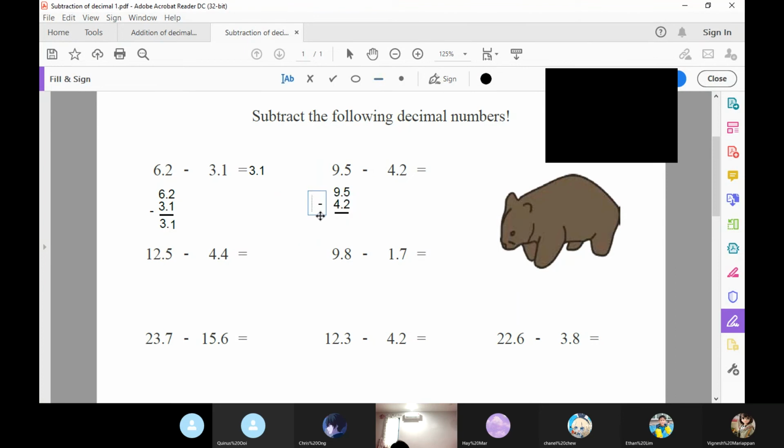Okay. 9 minus 4 is 5. Okay. So the answer is 5.3. Very good. 5.3. Very good. Okay. Hemar, why is your 3 upside down? It's like 5 and the below is 3. Later lah you arrange. Okay.